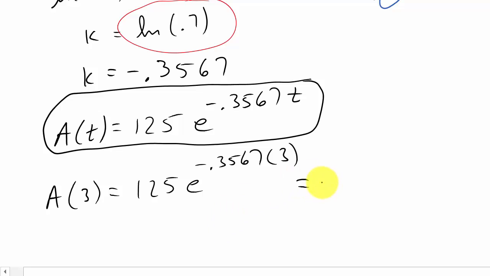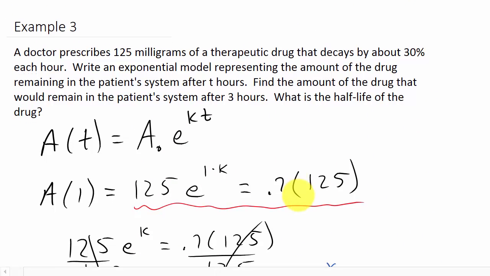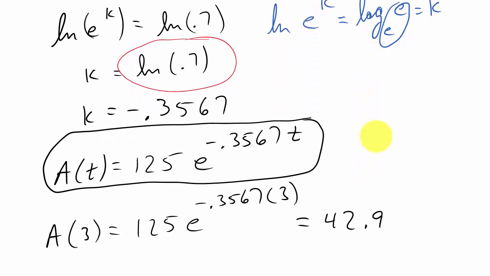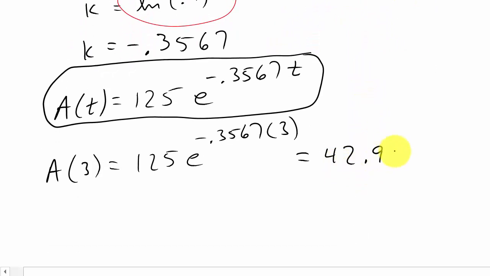That gives us 42, and I'm going to round it to 1 decimal place, 42.9. Remember, the amount present is in milligrams. So after 3 hours, there would be 42.9 milligrams. That is the answer to the second part.